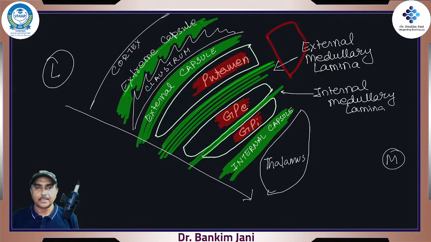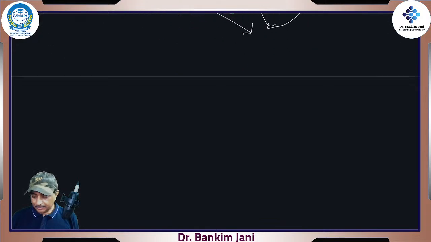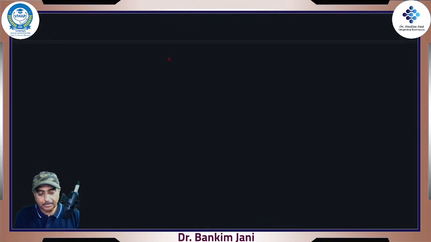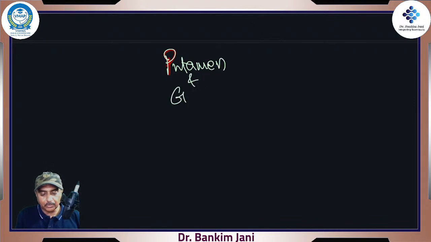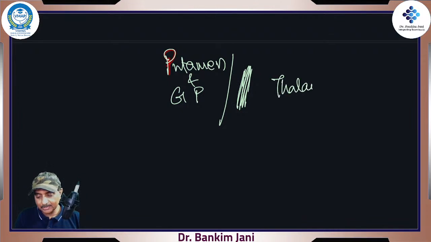Next, when we say putamen and globus pallidus, we said that there is internal capsule, and after that internal capsule, there is thalamus.